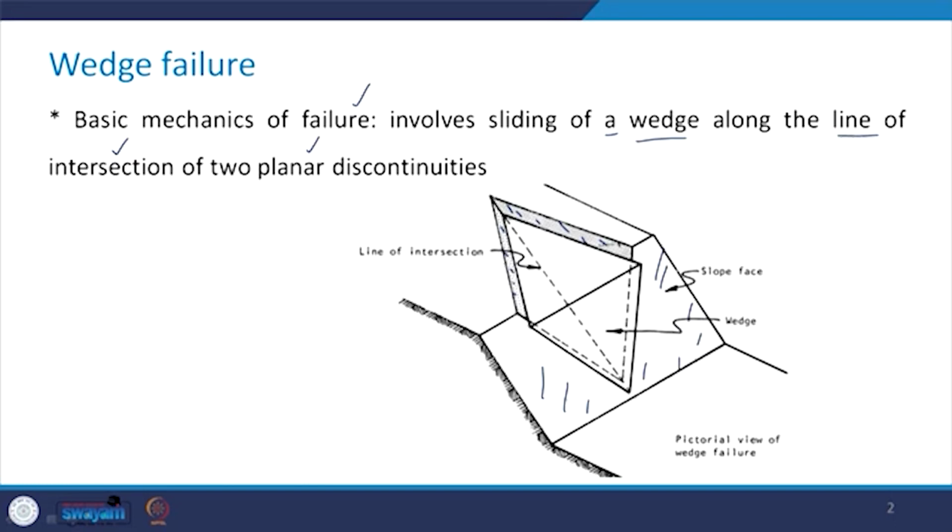In between these, the wedge is being formed, and this is the line of intersection of these two discontinuity planes, that is this one and this one. And along this line of intersection only, the sliding of this wedge will take place.